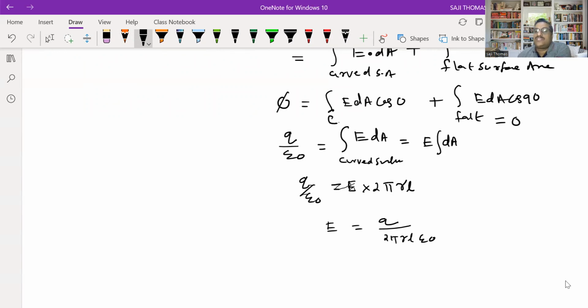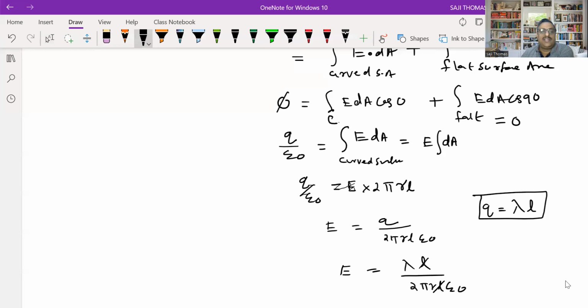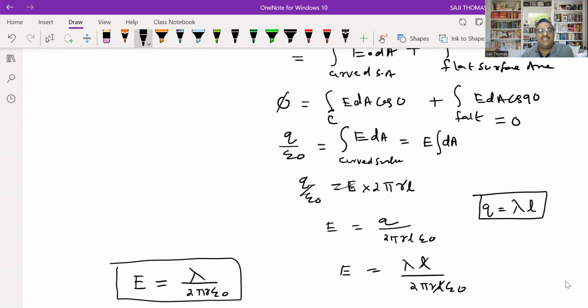And also, you know from the first equation, Q is equal to lambda L, where lambda is the linear charge density. So E is equal to lambda L by 2 pi RL epsilon 0. You can cancel the L. So what will be the equation for electric field intensity? E equals lambda by 2 pi R epsilon 0.